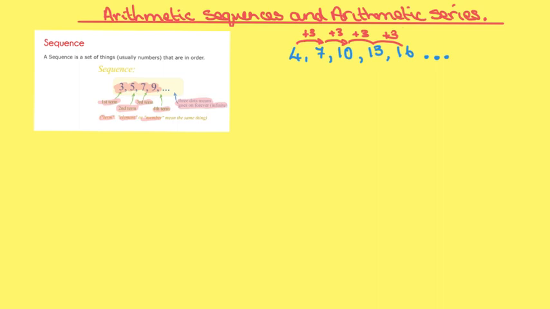The common difference is denoted by the letter d. So in this case, d is 3. Another sequence where the numbers go down might be 29, 24, 19, 14, ... Here, the common difference is -5.